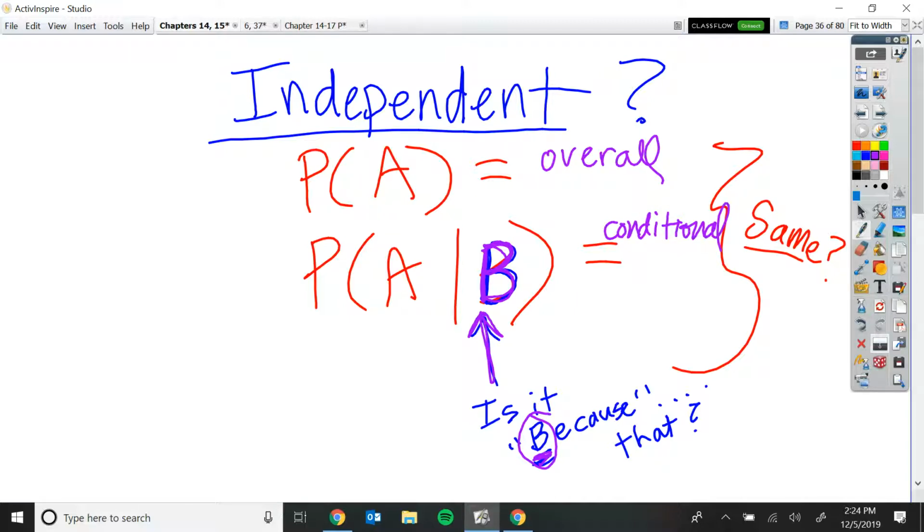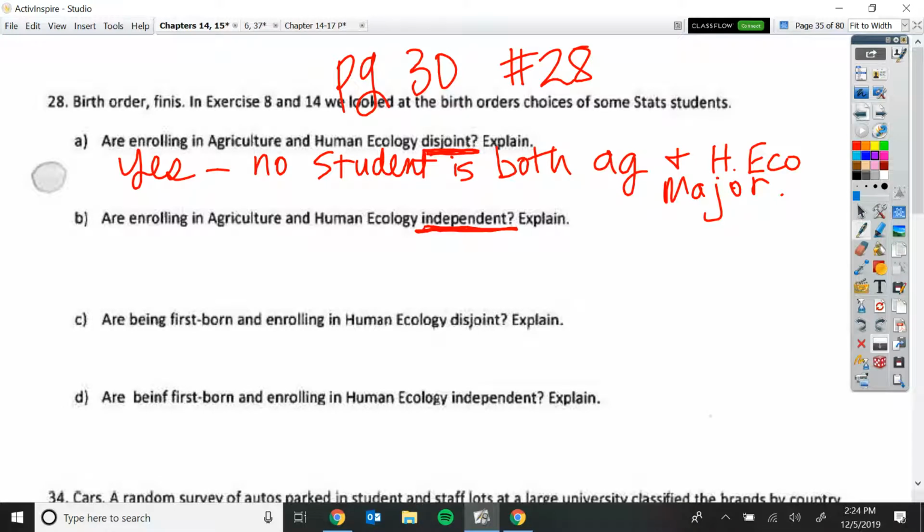Okay, so let's take a look over here. When we're talking ag and human ecology, which one would you call the because? So I kind of don't know on this one. I think you could go either way. I don't think we have a clear explanatory one on this one. So in that case, I think you could pick either one. So I'm just going to do the first one here.